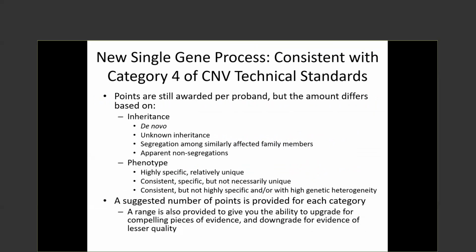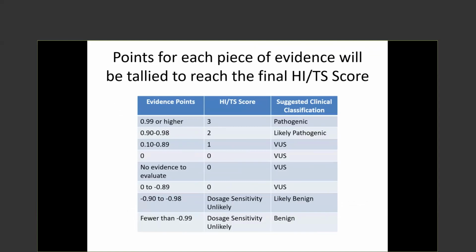And in terms of phenotype, we do also have different scoring mechanisms in terms of if it's a highly specific, relatively unique phenotype, if it's consistent, specific, but not necessarily unique, and then if it's consistent but not highly specific and or with high genetic heterogeneity. A suggested number of points is provided for each category, and there's also a range to give you the flexibility to upgrade compelling pieces of information and downgrade information with less quality. The evidence points are tallied to help the curator arrive at a preliminary haploinsufficiency or triplet sensitivity score, and the curations are reviewed and approved by their respective dosage sensitivity subgroups.